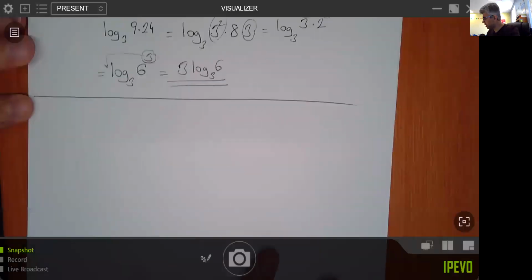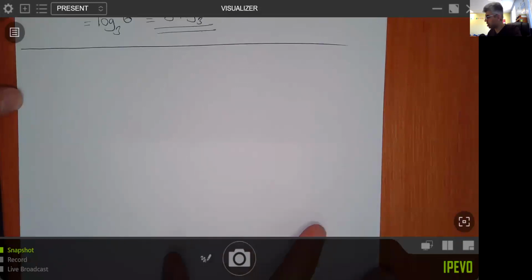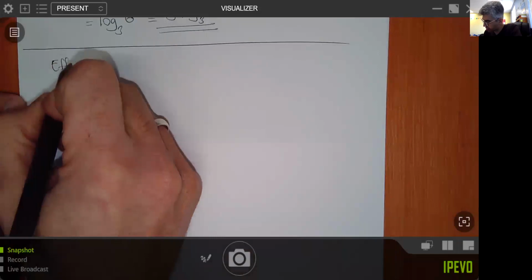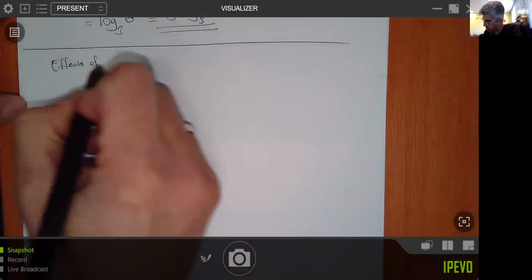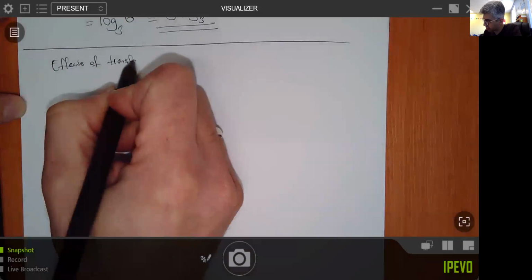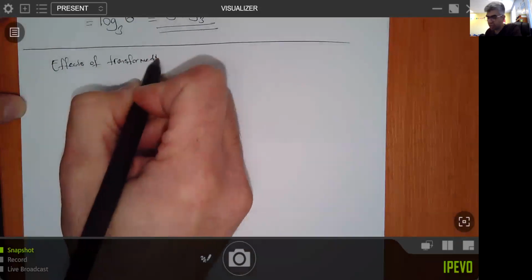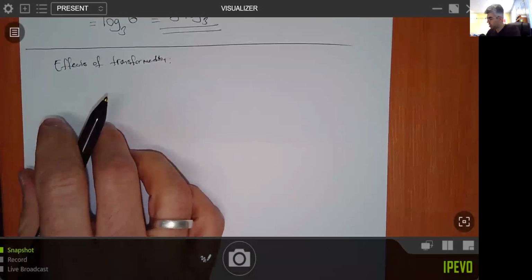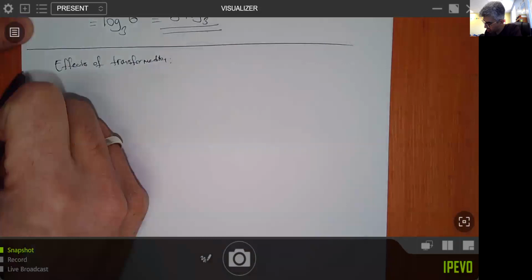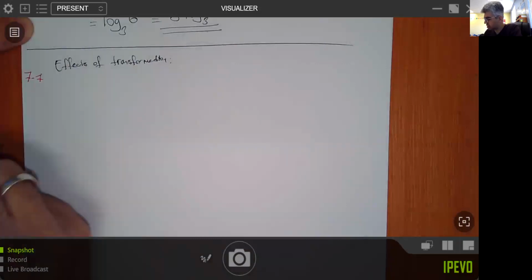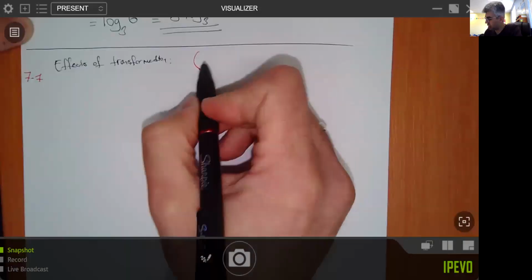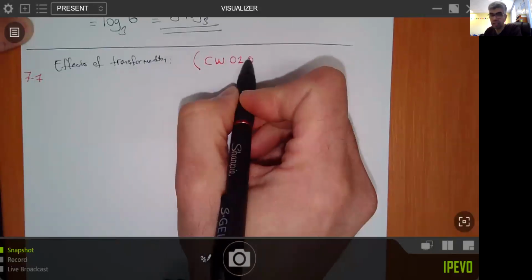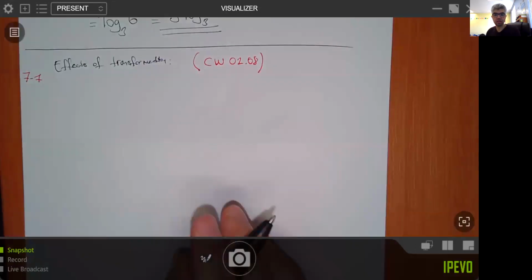So guys, the other thing, effects of transformation. In these questions, one parent function will be given. And these are from practice sheet 7.7, which is classwork 02.08 in Schoology.